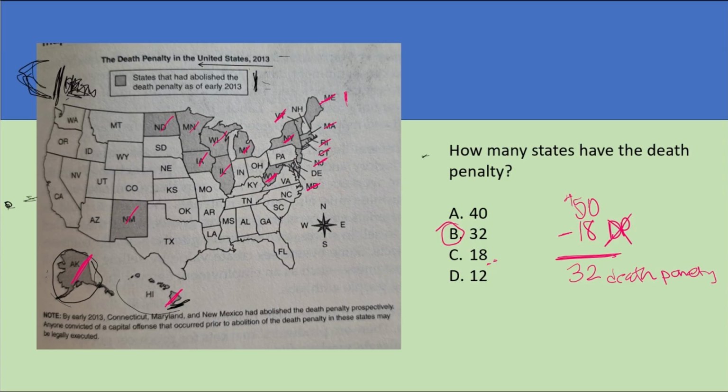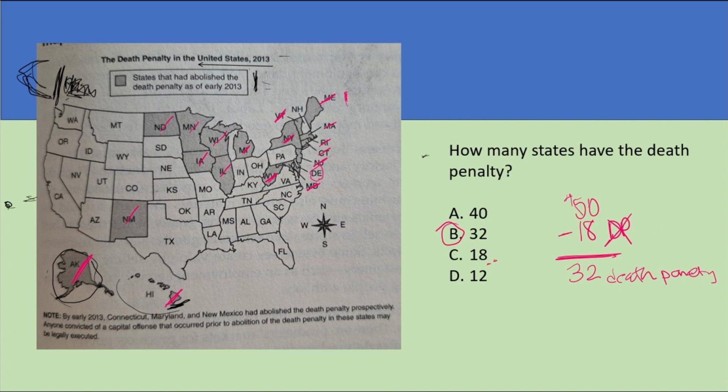The other thing I want to make sure I point out to you guys is that while we were counting, I didn't mark out the DE state, and this is Delaware. We're going to talk about states and their abbreviations in a moment, but we had to pay attention really well to notice that Delaware is not grayed out, which means that it does have the death penalty. So just be mindful of that. And if you're like, well, what if I did accidentally count it?